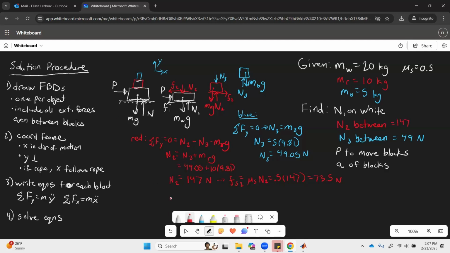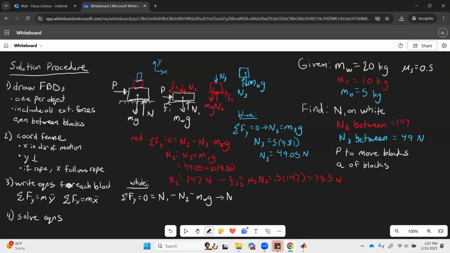So then finally, we need to do the forces on the white block. So we'll have sum of the forces in Y equals 0. And this is going to equal normal force 1 pointing up, we get that from here. And then pointing down, we have minus normal force 2 minus mass of the white block times gravity.